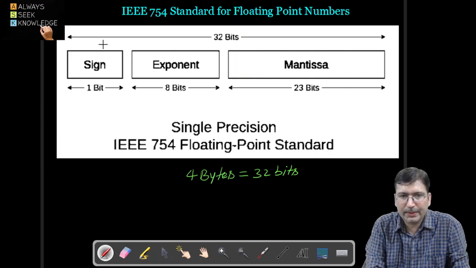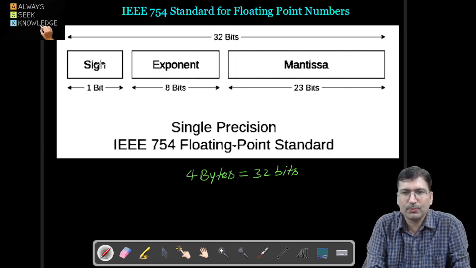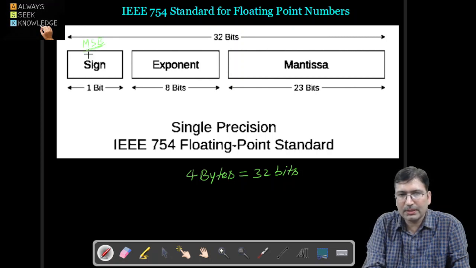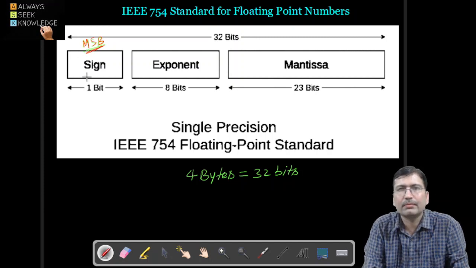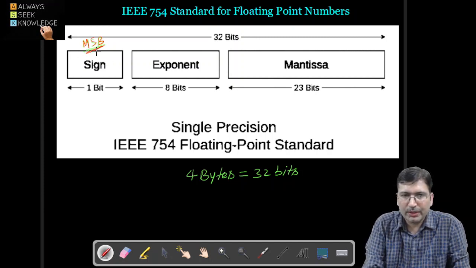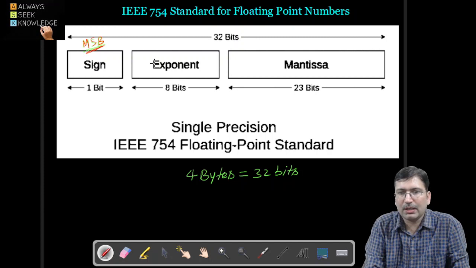The very first bit, or you can say the MSB, the most significant bit, will be considered as the sign bit. So the MSB will represent the sign, okay? If this bit is 1, that means the number is negative.